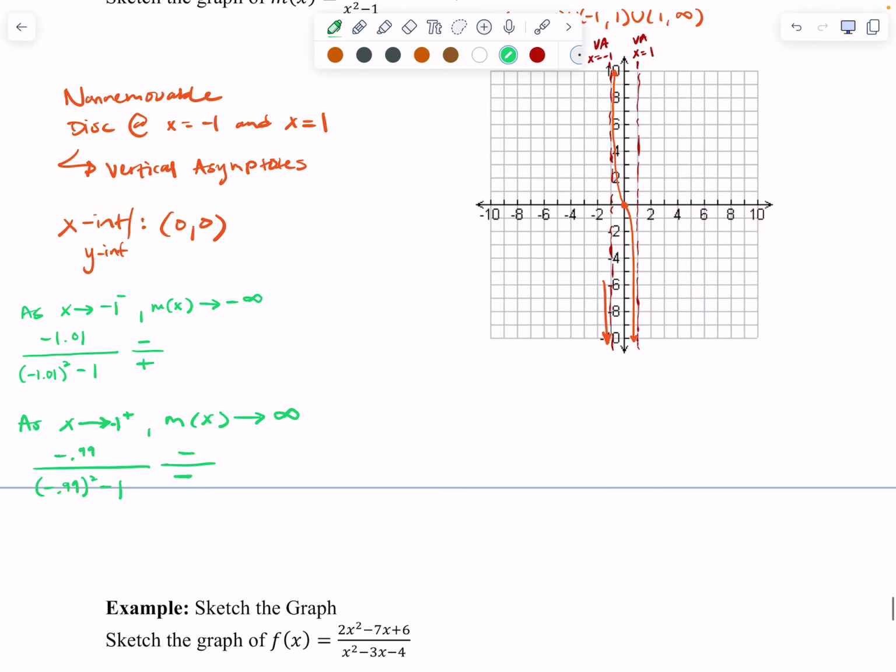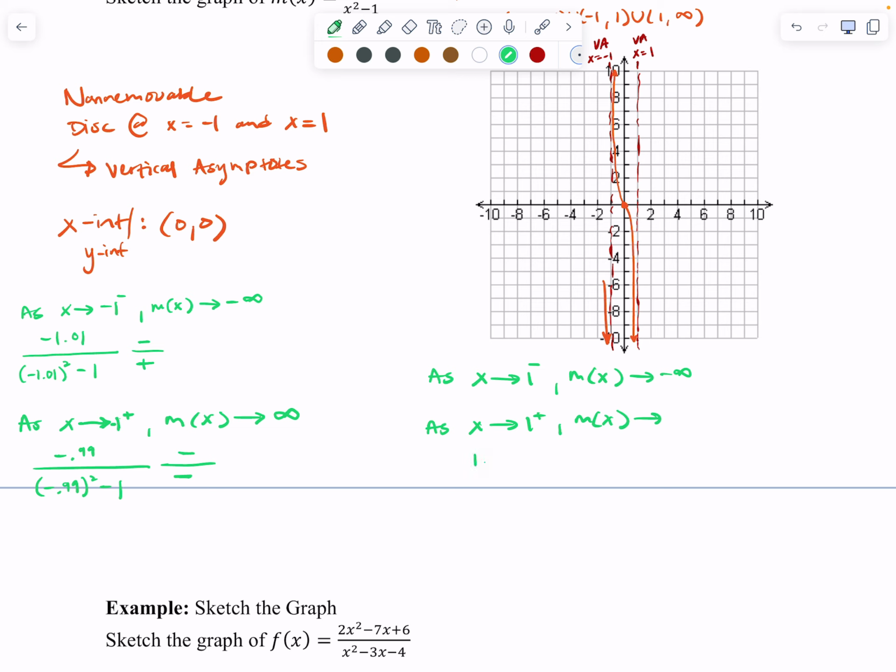But does everyone follow how we know what the graph will be approaching as x approaches 1 from the left? Right? So as x approaches 1 from the left, m of x is approaching negative infinity. And then as x approaches 1 from the right, so what's a value directly to the right of positive 1?